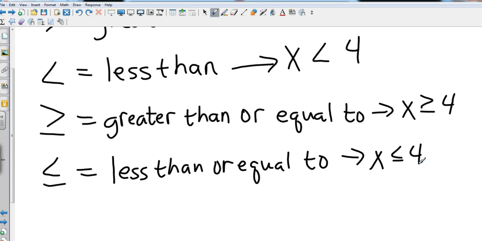Now we might actually get some verbal representations of this, and by verbal I mean they would actually write it down and then we would translate it.